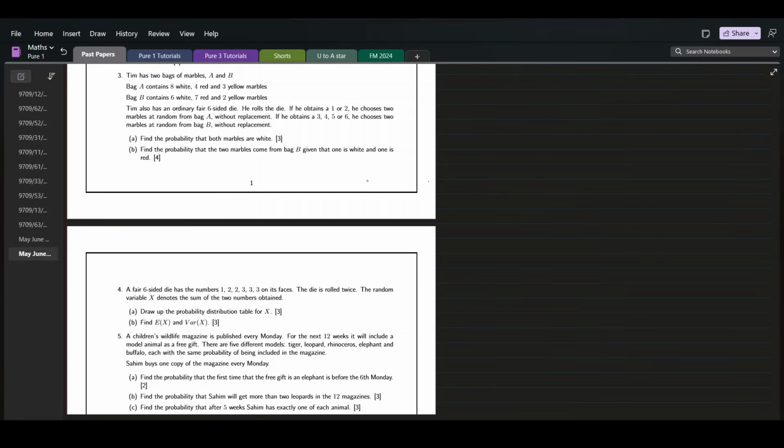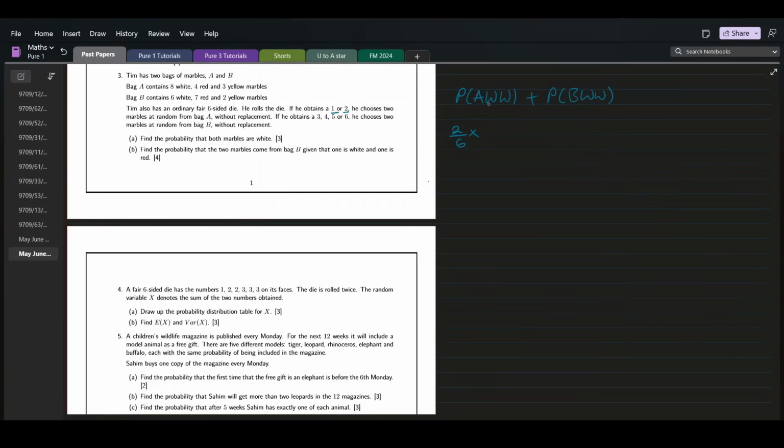Okay, so if we want both of the marbles to be white, we're looking at him picking bag A and then 2 white marbles, or picking bag B and then 2 white marbles. For him to pick bag A, he has to roll either a 1 or a 2, and the chances of that happening are 2 out of 6 since it's an ordinary die.